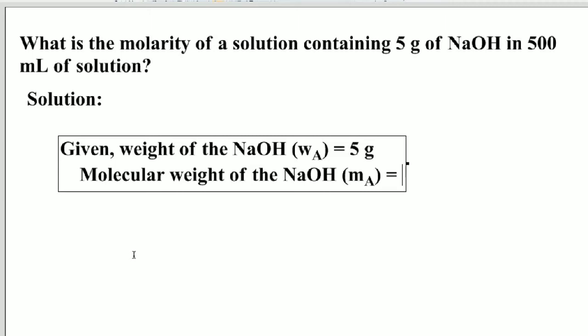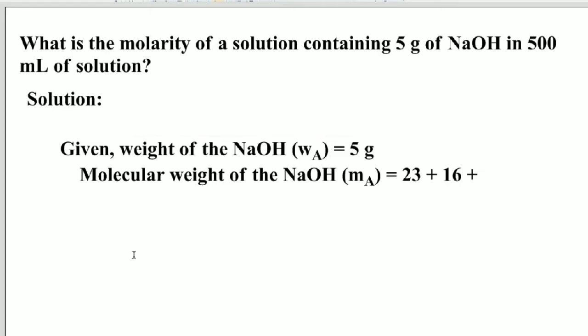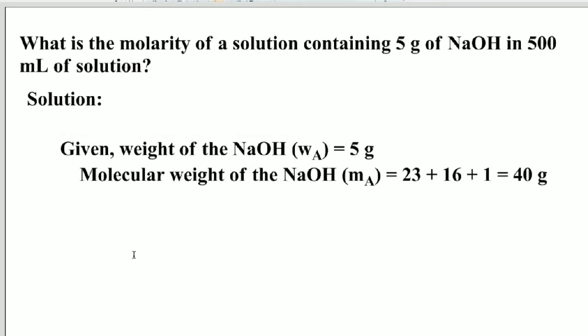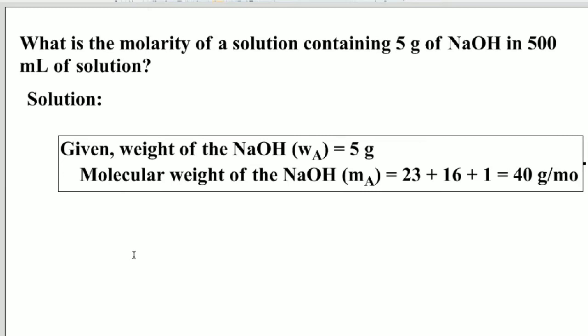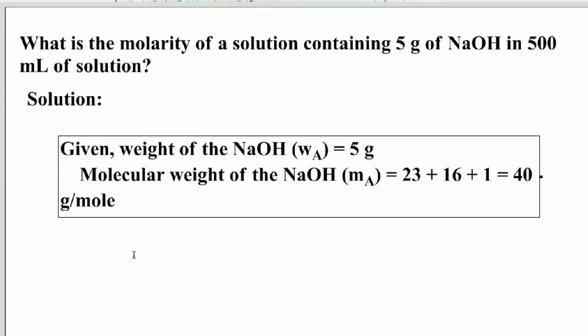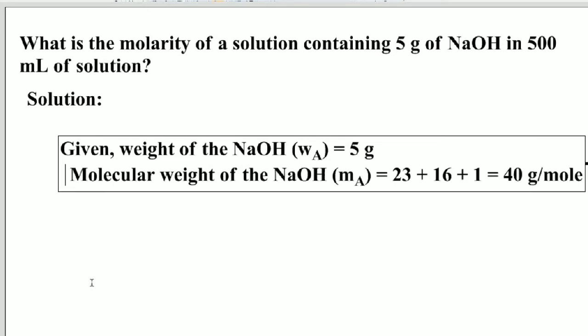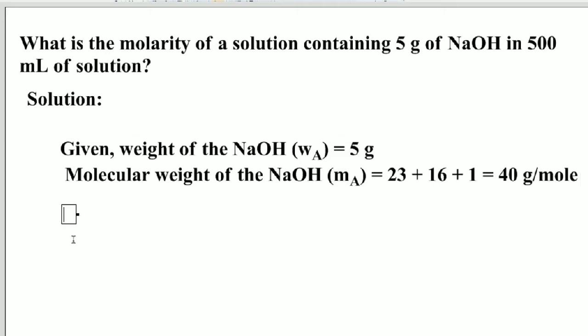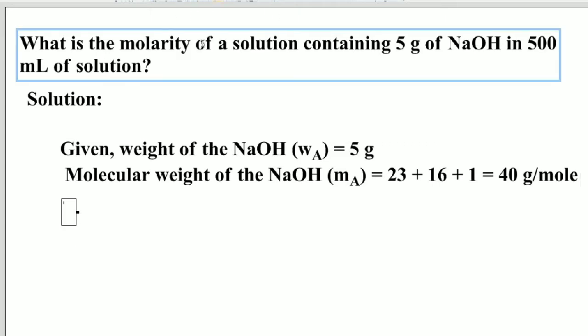We know how to calculate molecular weight for a given compound. In sodium hydroxide, the atomic weight of sodium is 23, oxygen is 16, and hydrogen is 1, which totals 40 grams per mole. 40 grams per mole is the molecular weight of sodium hydroxide.